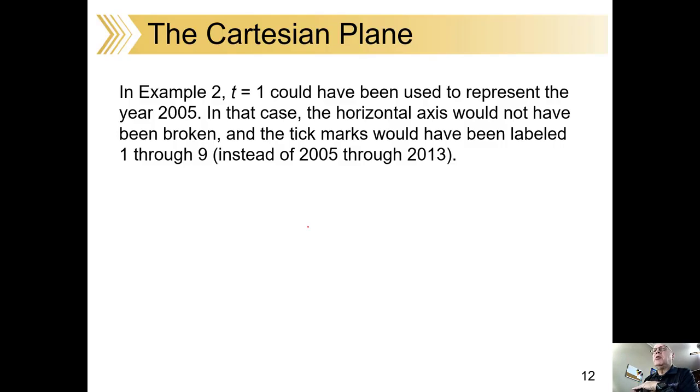That's all up to you. There's a lot of latitude here, and if you're creative, you can come up with some neat things. If you're doing it in Excel, you don't need to do that. But on a graphing calculator, for example, having 5 through 13 or 1 through whatever can make it easier to do the graphing on your calculator.